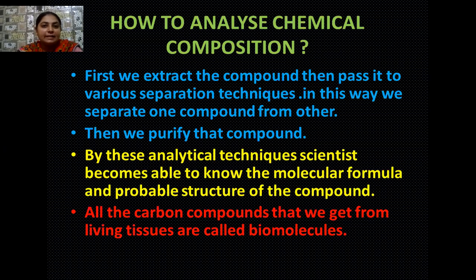So we are discussing here how we do the analysis of the chemical composition of biomolecules. As I have already discussed in my previous lecture, when we want to do the chemical analysis of these biomolecules, we use some living material.